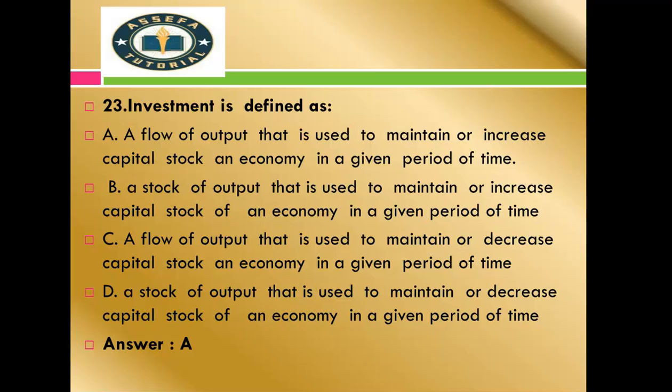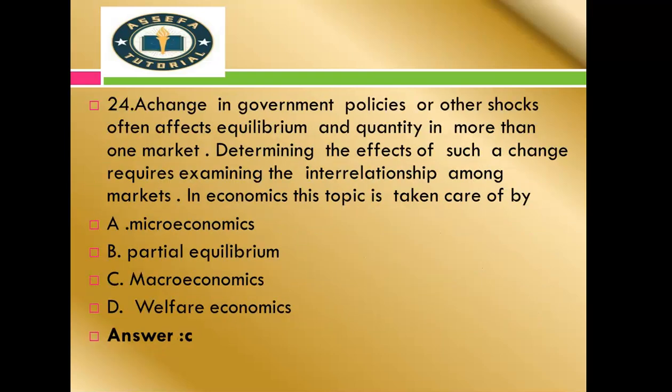D, a stock of outputs that are used to maintain or decrease capital stock in the economy in a given period of time. Therefore, the correct answer is A: a flow of outputs that are used to maintain or increase capital stock in the economy in a given period of time is what is called investment.